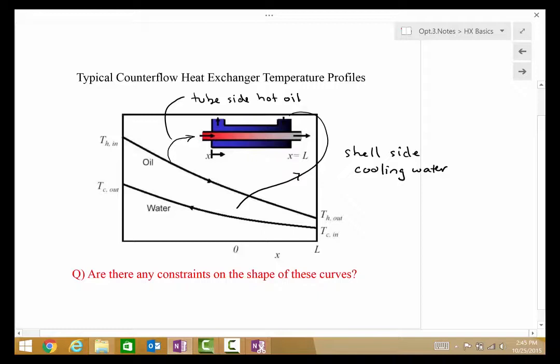So for a problem of this type, there are constraints on the shape of these curves, and I'd like you to think a little bit about what these constraints might be.